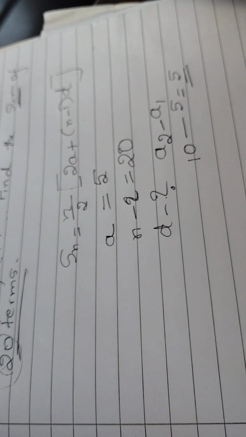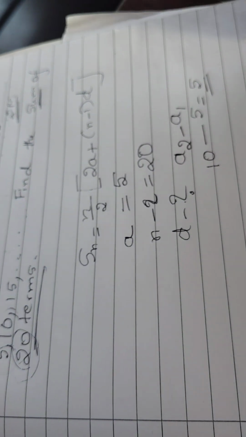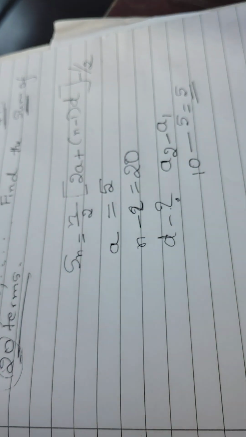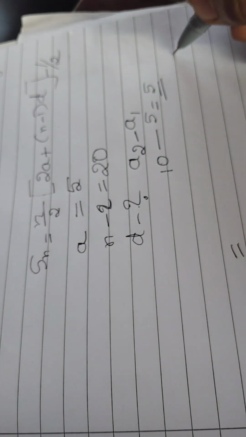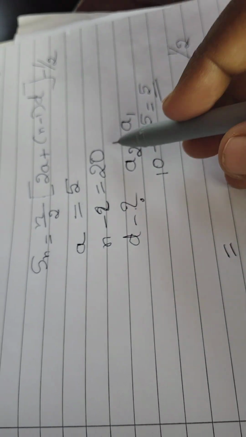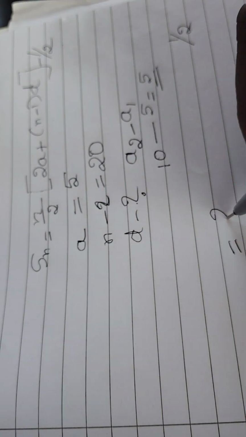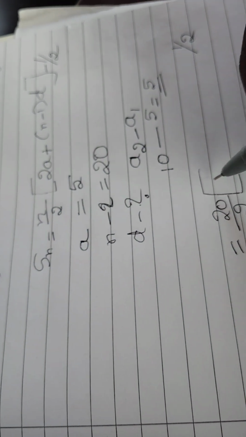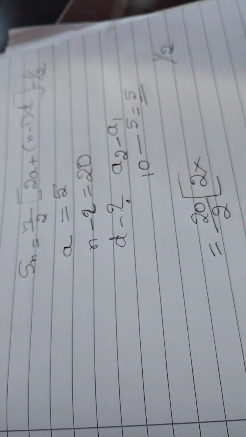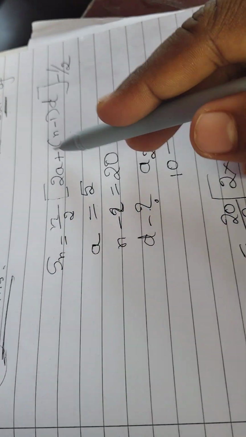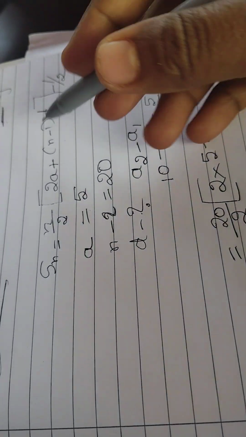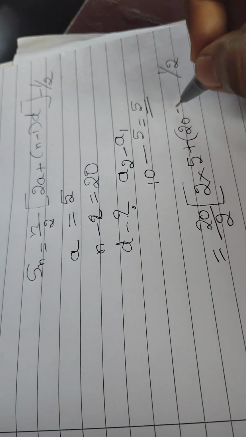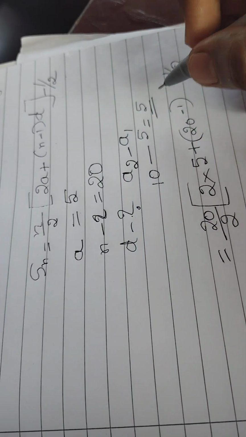It is a 2 marks question. For the final exam, if you write the formula you get half a mark, and for substitution you also get half a mark. So n is 20 divided by 2, then 2 into a, where a is 5, then plus (n minus 1), where n is 20, and d is 5.